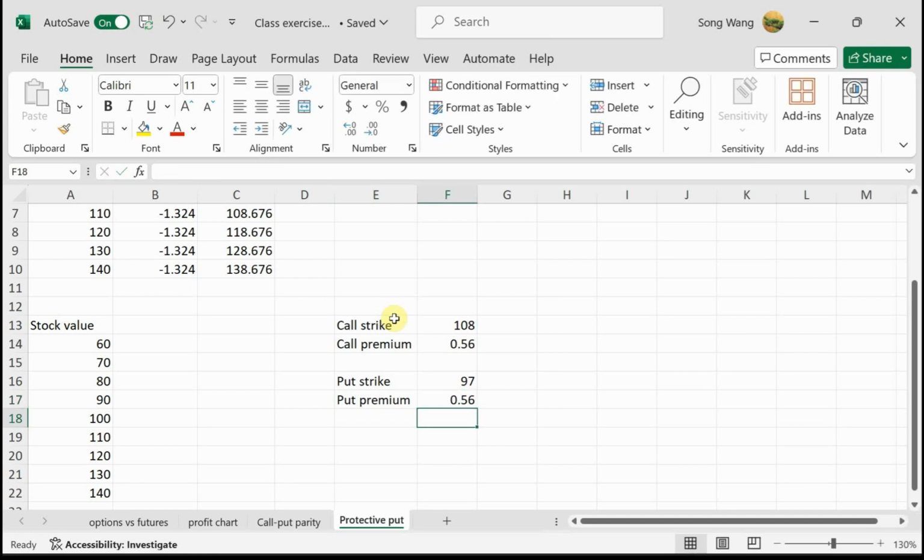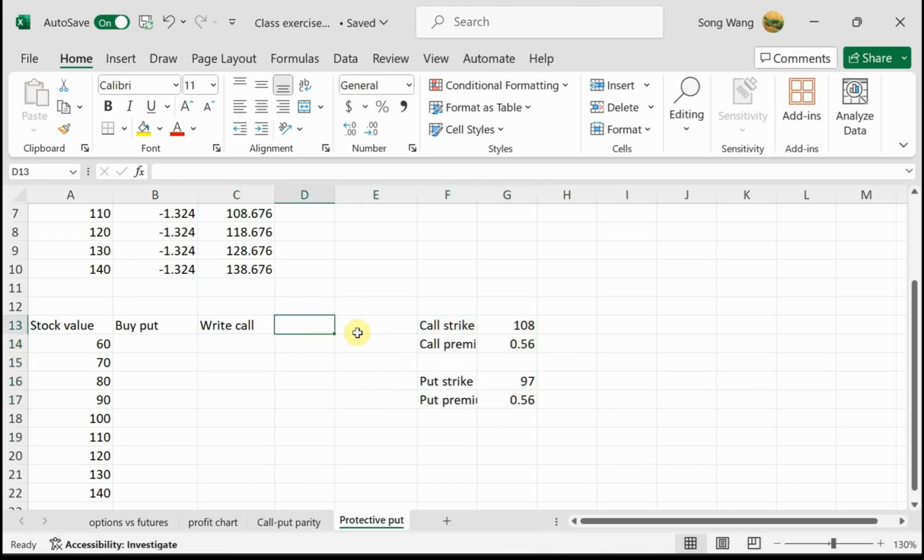Okay, so the net collar protective put basically combines the put position. You buy a put option, and then you write a call option. You sell a call option, and then you combine these two to get the net collar protective put.